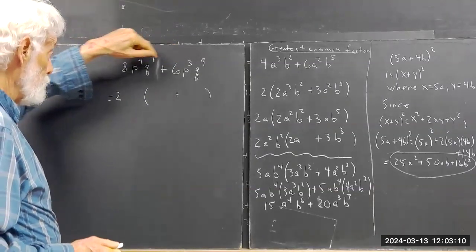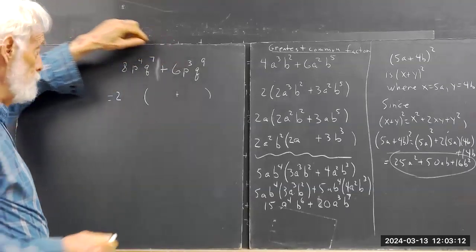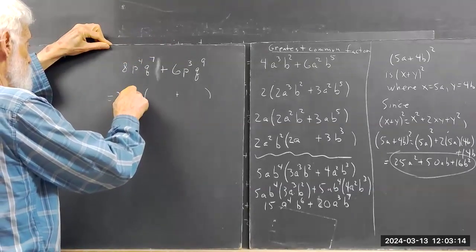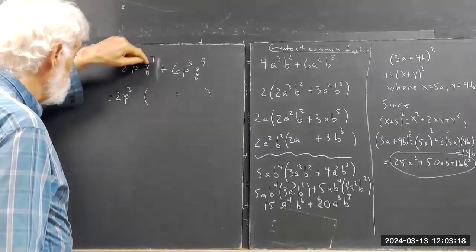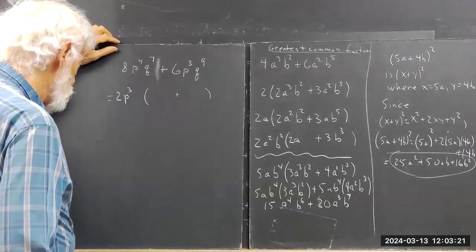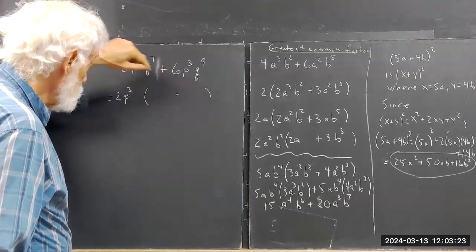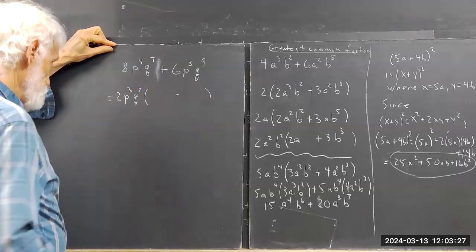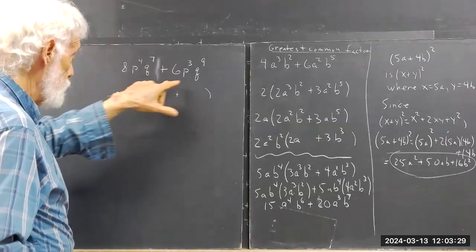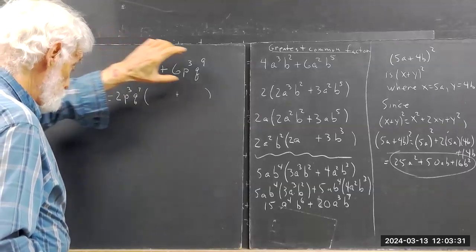You've got a 4th power, you've got a 3rd power. Well, we're going to use P to the 3rd. We've got a Q to the 7th and a Q to the 9th. The least power is the 7th power. So this is what we're going to factor out of the expression.